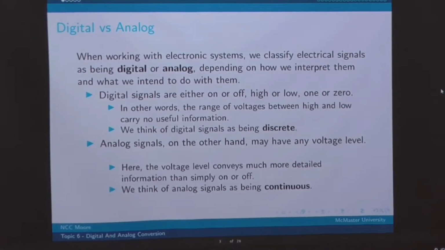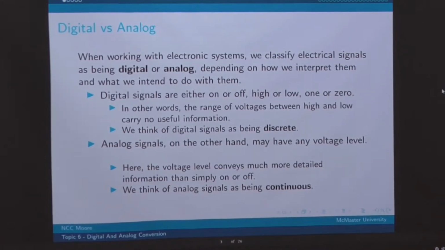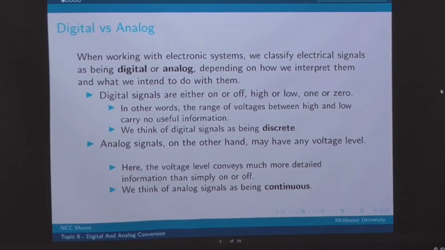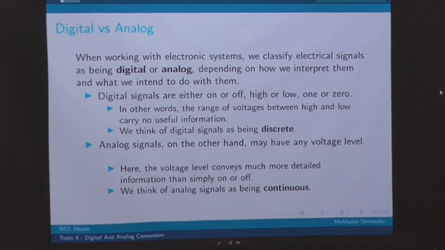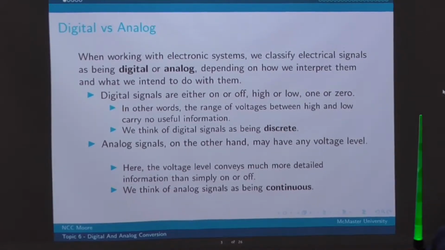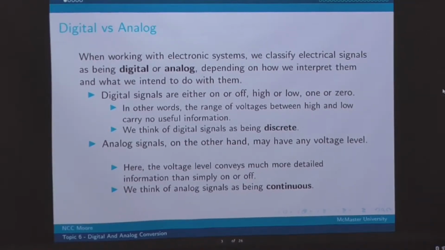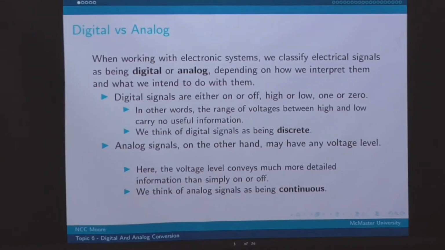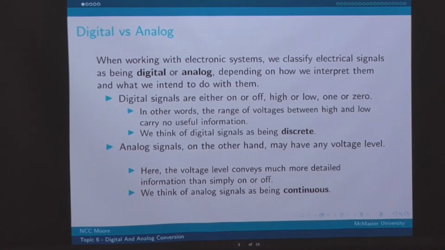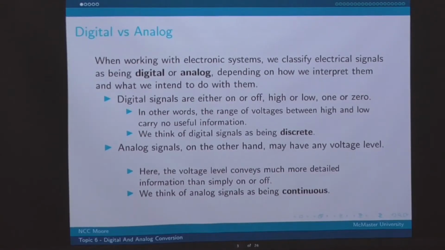Digital signals, of course, are either on or off, high or low, 1 or 0. Another way of conceptualizing this, which is important: with digital electronics, the information is contained entirely in whether it's a 1 or a 0.